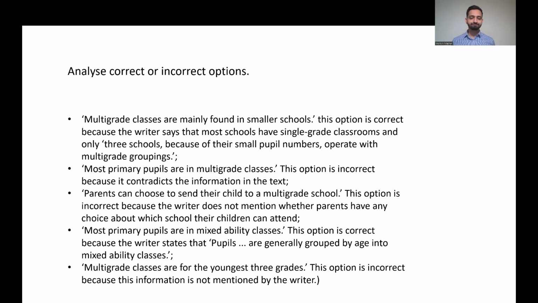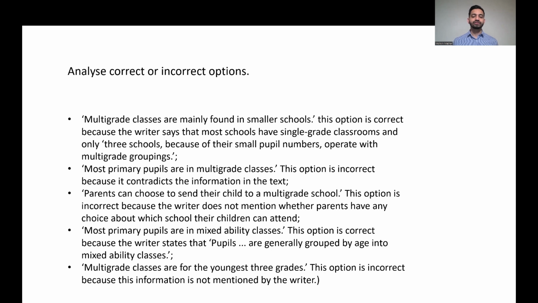We can eliminate that. Most primary pupils are in mixed ability classes. This option is also correct because the writer states that pupils are generally grouped by age into mixed ability classes, right? And it does say that for the 7 large schools, so obviously most pupils are in the mixed ability classes, right?